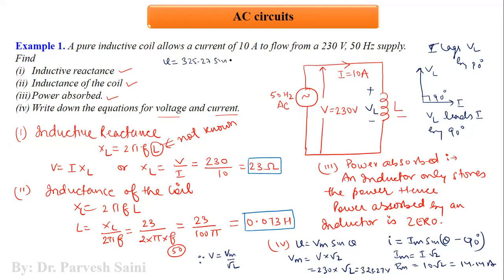So now the equation for voltage is V is equal to 325.27 sine theta, or we can also write it as 325.27 sine omega t.